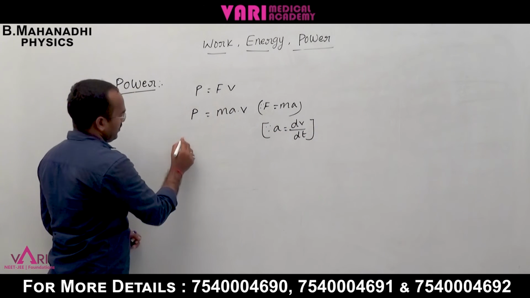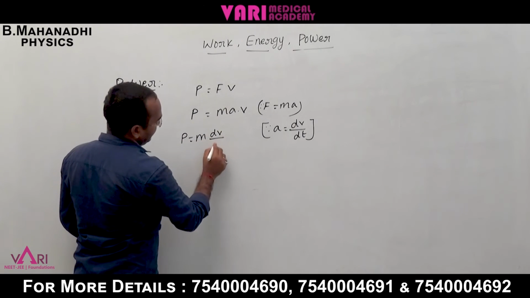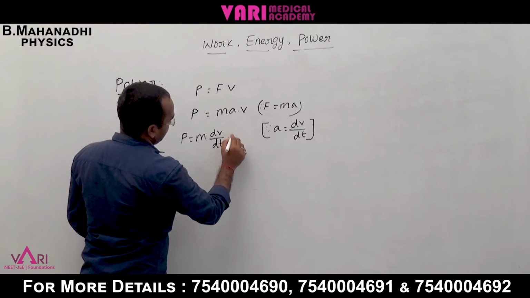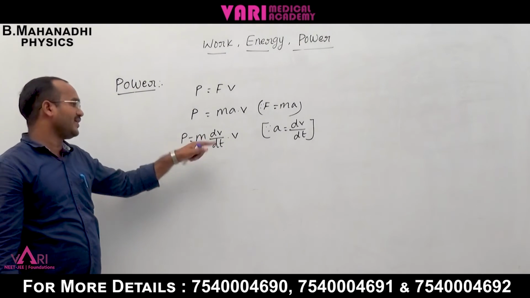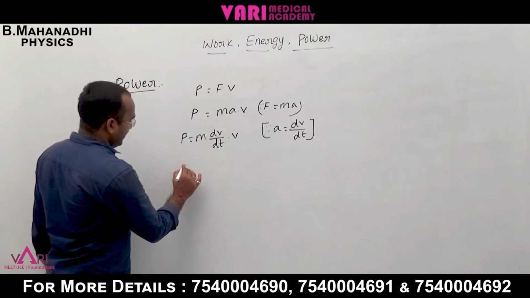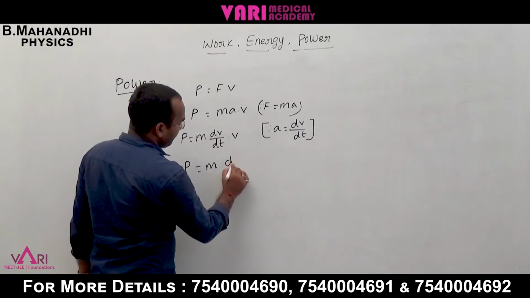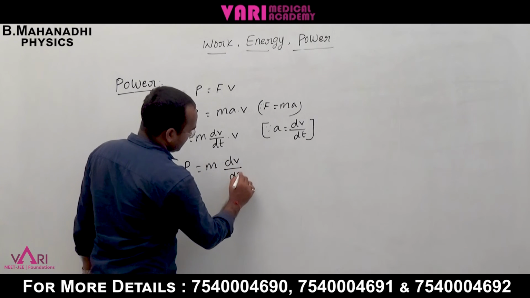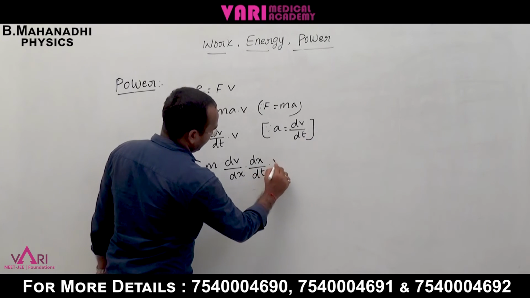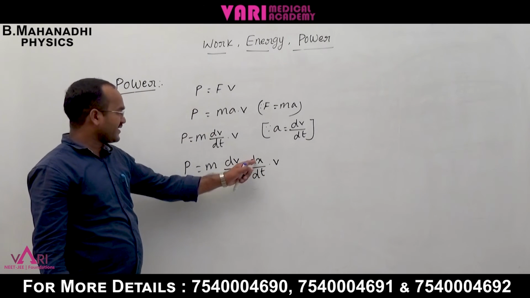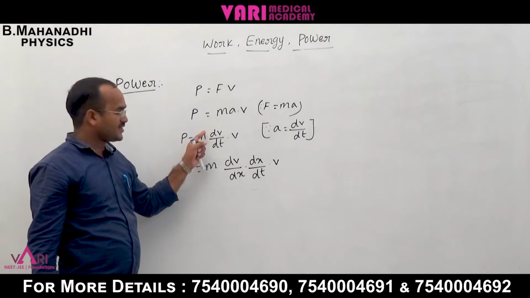Now substituting here, power equals m dv by dt into v. Now this is my displacement relation type. I will write p equal to m into dv by dx into dx by dt into v. Now dx cancels, remaining m dv by dt into v. That is the same step only coming.